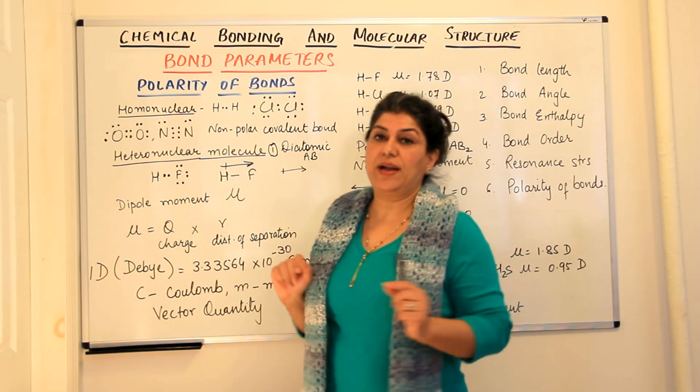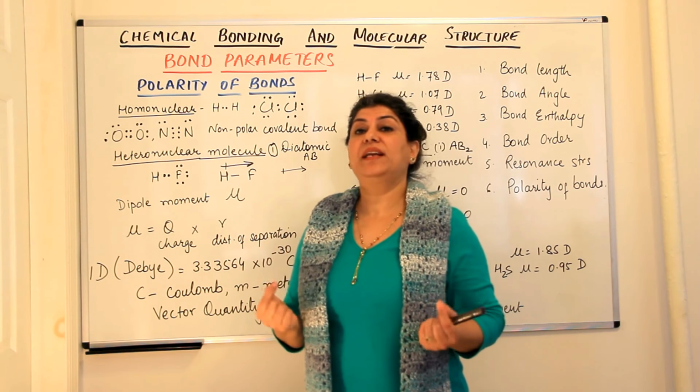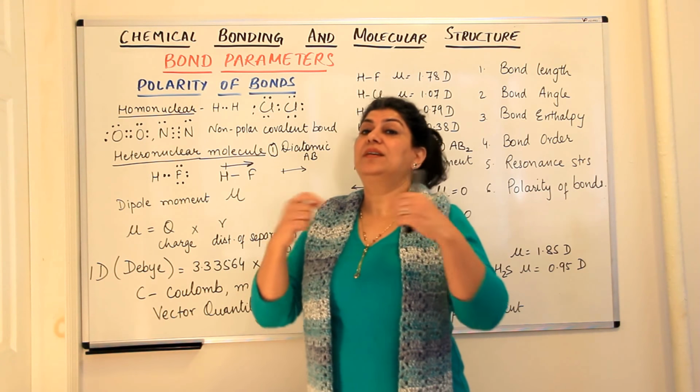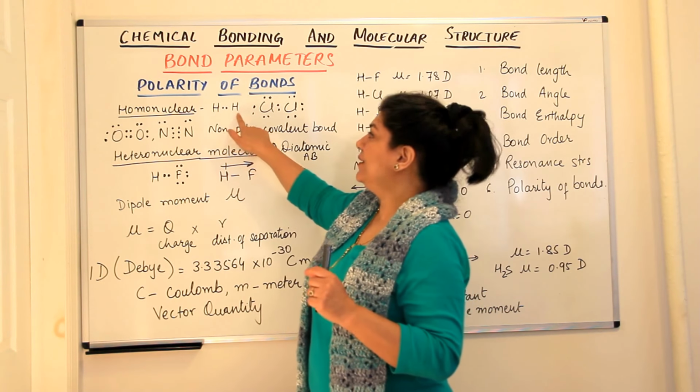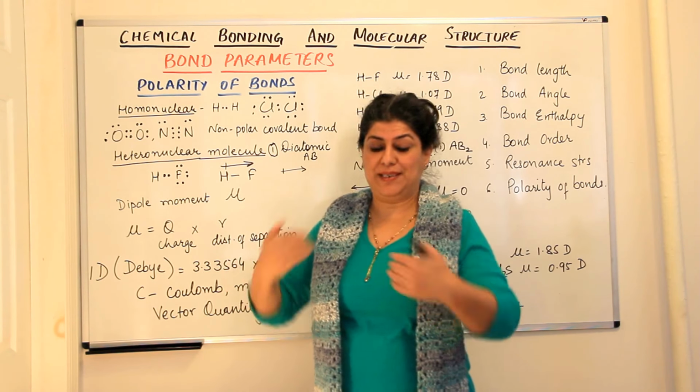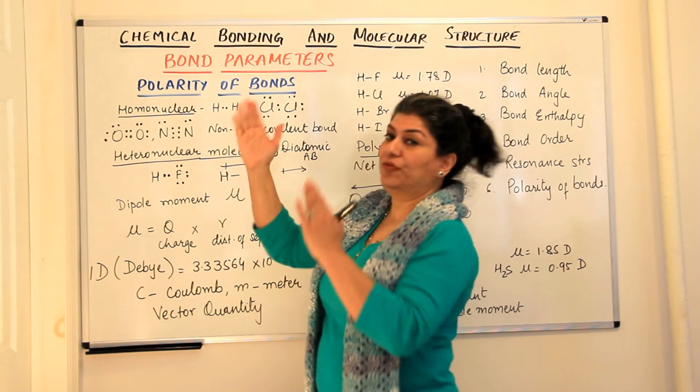Let's take the example of hydrogen. Both the hydrogens have one electron each, and in order to complete their duplet, they share this one electron with the other hydrogen. Thus, both the hydrogens have their duplet completed, and the shared pair of electrons falls between them.